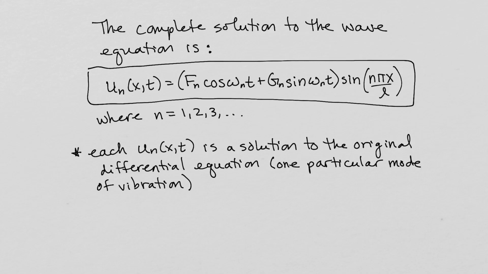Okay, so the real take-home message here is now we have a full solution to our original differential equation. Each one of these u of x of t's is going to be a solution to that wave equation. Okay, and each one will represent one particular mode of vibration of our string.